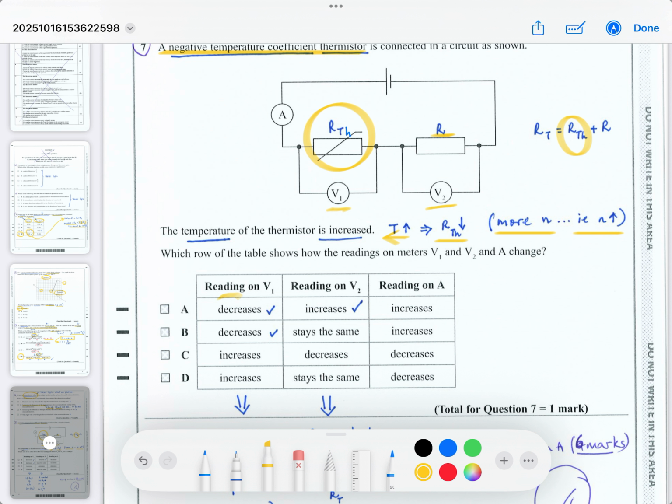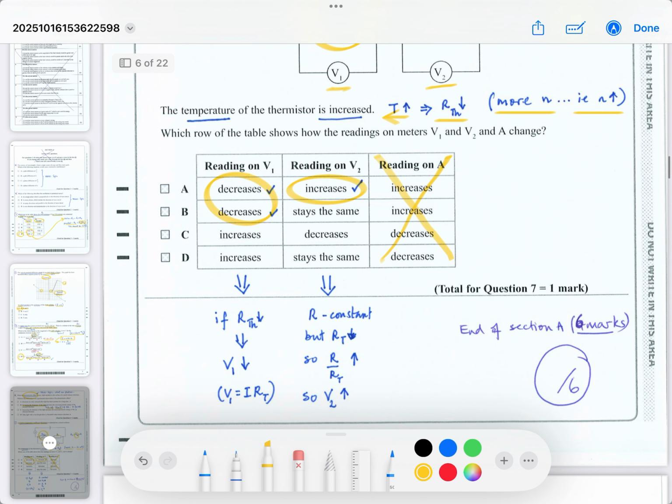So we've seen that V1 will decrease. Well, since the total voltage is constant, that means V2 must increase. Yes? And that's the only one that has increase in it. So we automatically, without looking at this bit, we've already got the answer A. Okay? And that's the end of the multiple choice question.